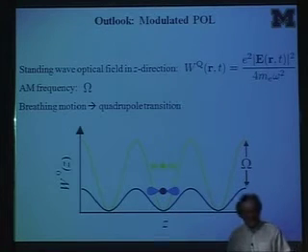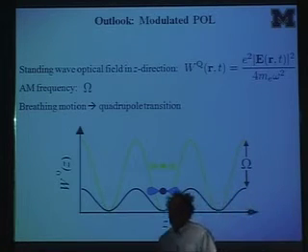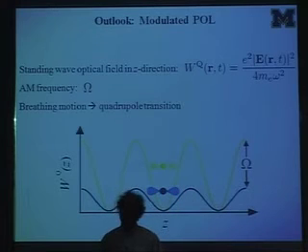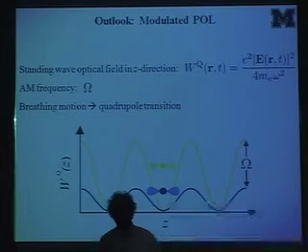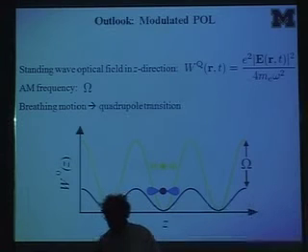Now the nice thing about this method is that there's no selection rules. So that really makes this good. So if you do microwave transitions, you have selection rules, and if you want to drive high angular momentum transitions, you have to crank up the power, and so that shifts your levels around.